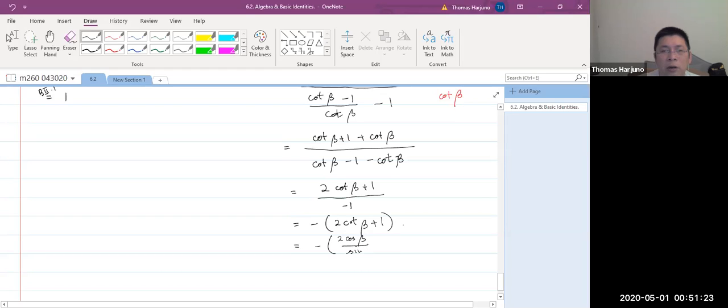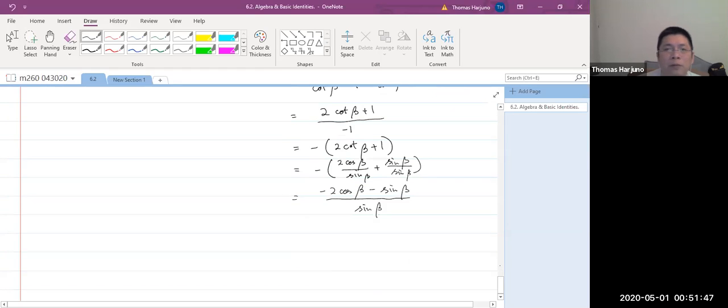Let me do the LCD right away. That will be negative 2 cosine beta minus sine beta over sine beta. I think that's the simplest I can go. I prefer this one. If they don't tell me where to stop, I will stop here. But because they say to make it into cosine and sine, then I stop there.